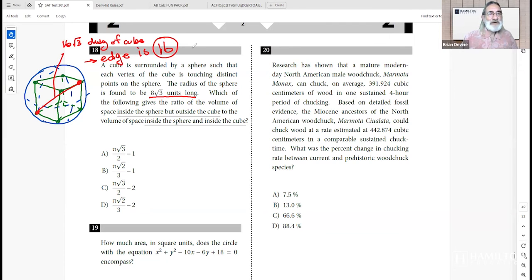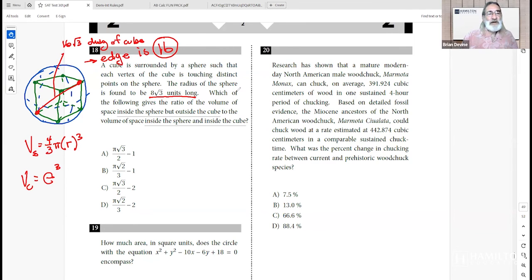So I need that to find the volume of the cube. Remember that the volume of the sphere is going to be 4/3 pi times the radius cubed. And that the volume of the cube is going to be the edge length cubed.